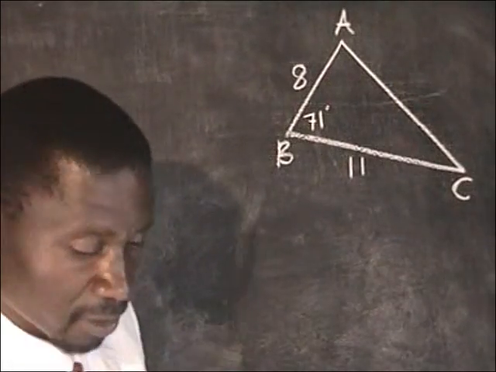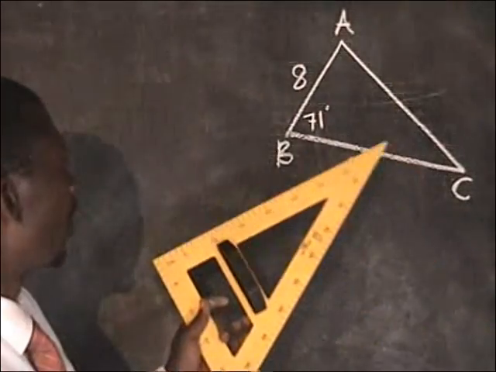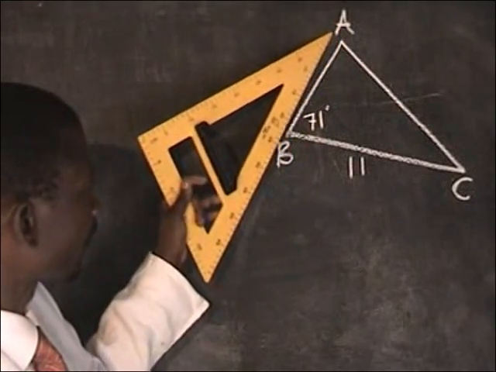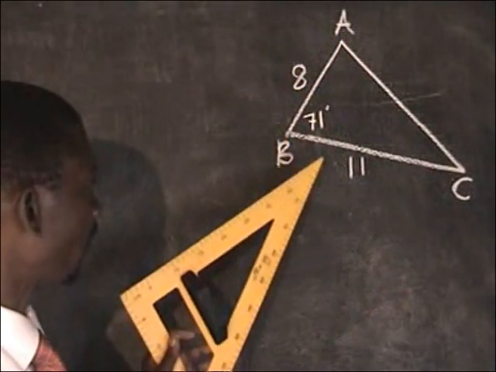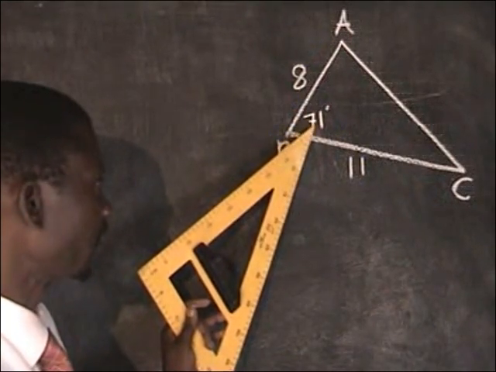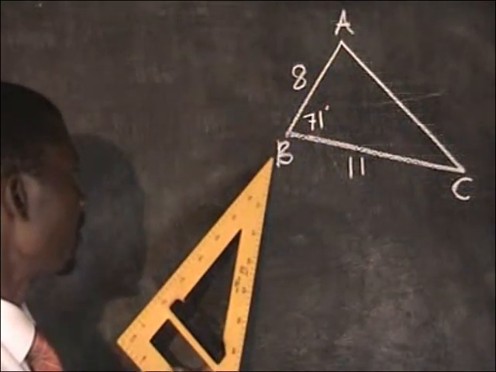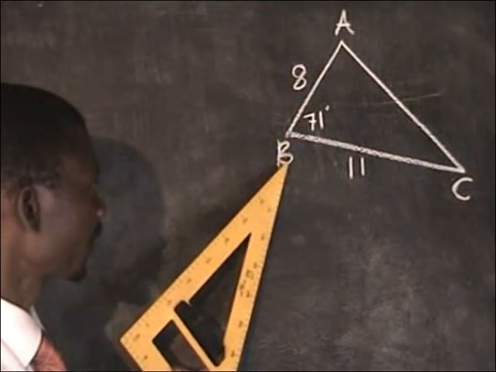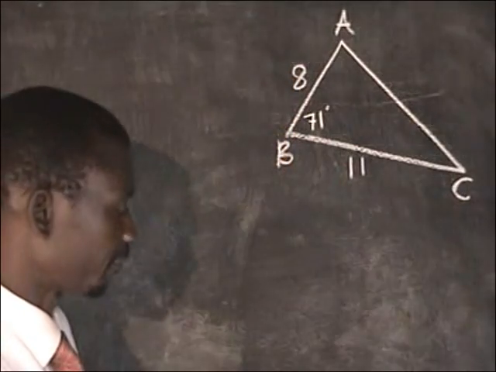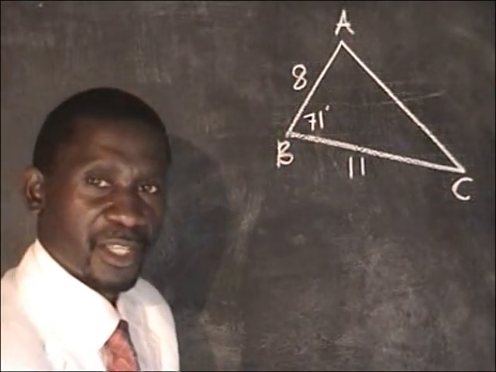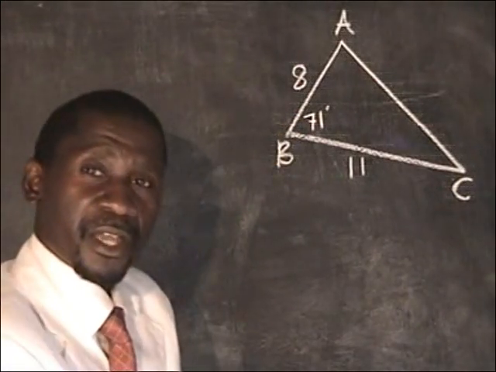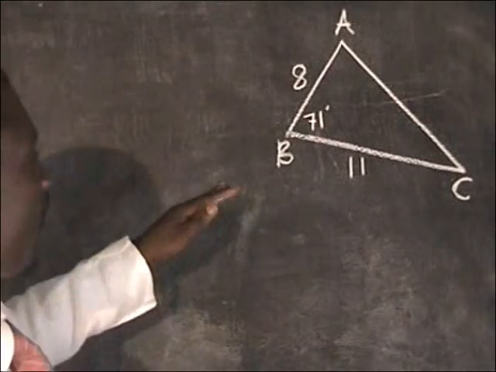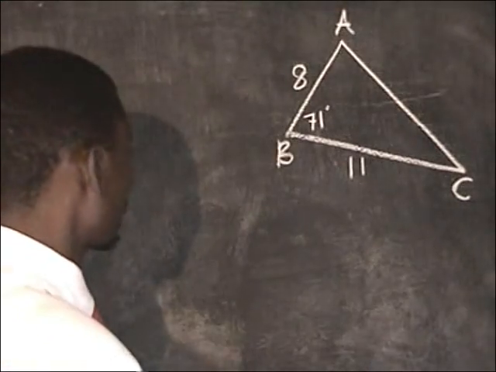As you can see on the blackboard, there is this triangle which is marked A, B, and C, of which for this triangle we have an angle at B which is 71 degrees, the side AB which is 8 units, and BC which is 11 units. I'm saying units. These units can be in centimeters or can be in kilometers. So let's assume that these units are in meters.